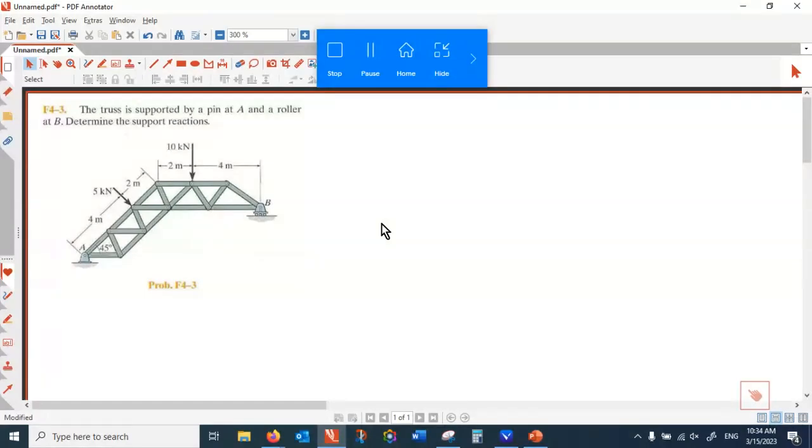You need to know how different supports offer resistance toward movement. For example, here I start with fundamental problem 4-3. This is a truss structure, a very common type of structure.